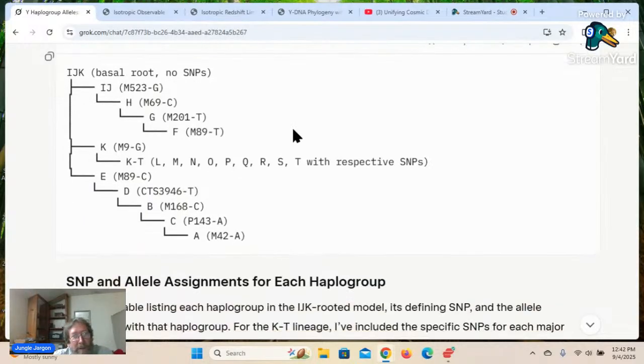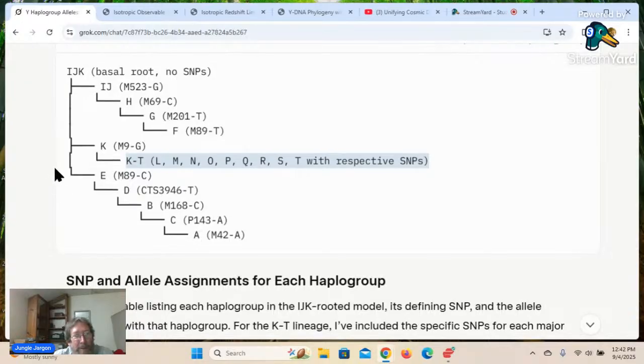Oh, wait a minute. We still have K with respective SNPs, but wait, I think he's going to do it, or maybe later he'll do it.